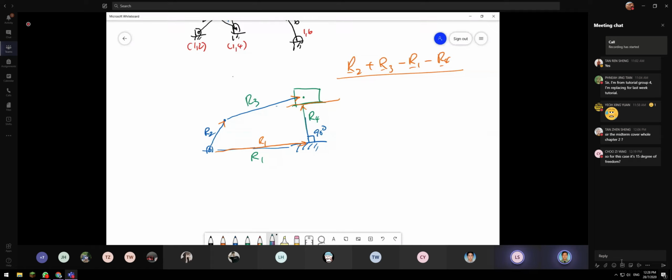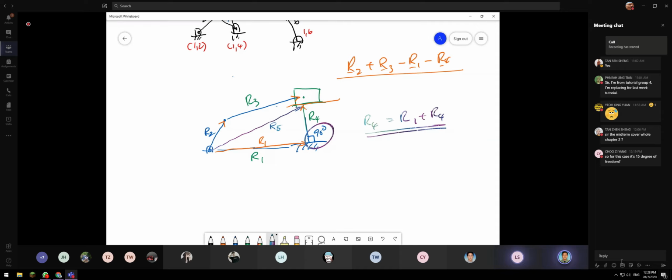If you combine, you can combine this into, say, R5. Then let's say R5 is equal to R1 plus R4, isn't it? Okay, maybe I'm confusing you a little bit now, but as I said, it's not necessarily 90 degrees here.